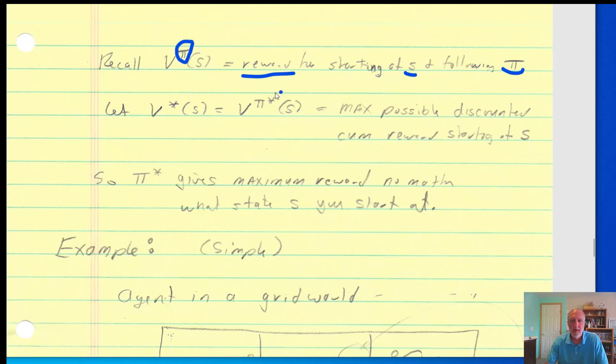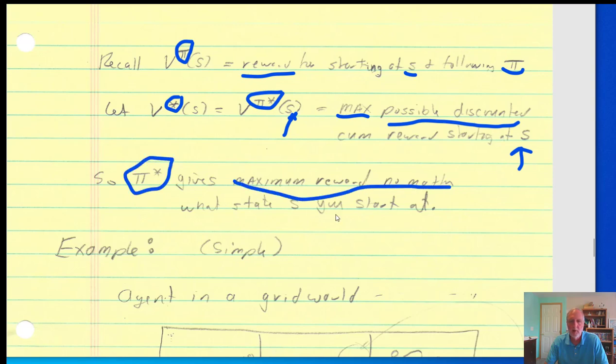And V pi star, or short notation just V star, is going to be maximum because pi star is the optimal policy, so it gives us the max possible discounted reward starting at S. So if you use pi star and you start anywhere in the room, you're going to get the most discounted reward. So that's what this says here. Pi star gives the maximum reward no matter what state S you start in.